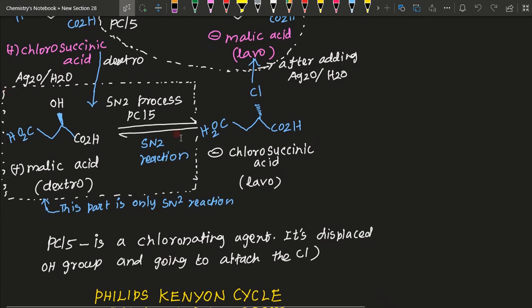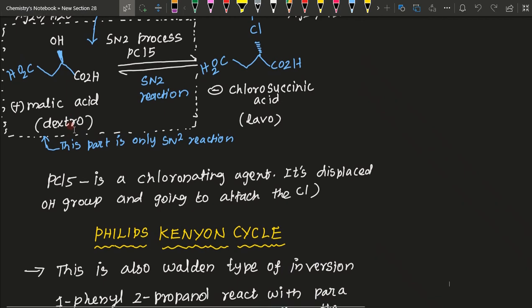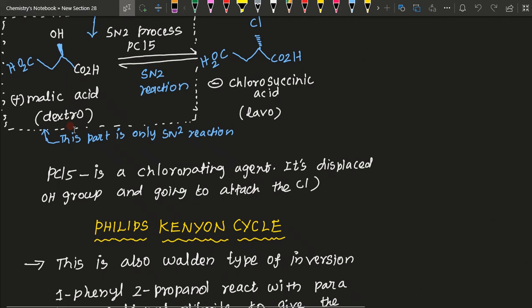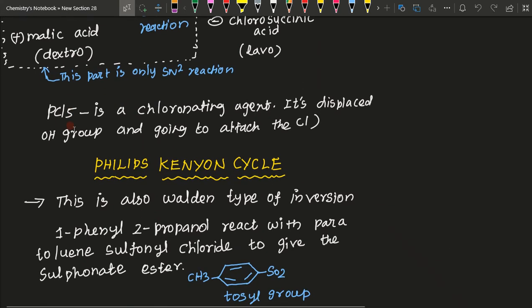Here this part is the SN2 process. See, PCl5 is a chlorinating agent. It displaces the OH group and attaches Cl. Please remember this. PCl5 is the chlorinating agent. It is going to replace the OH group.